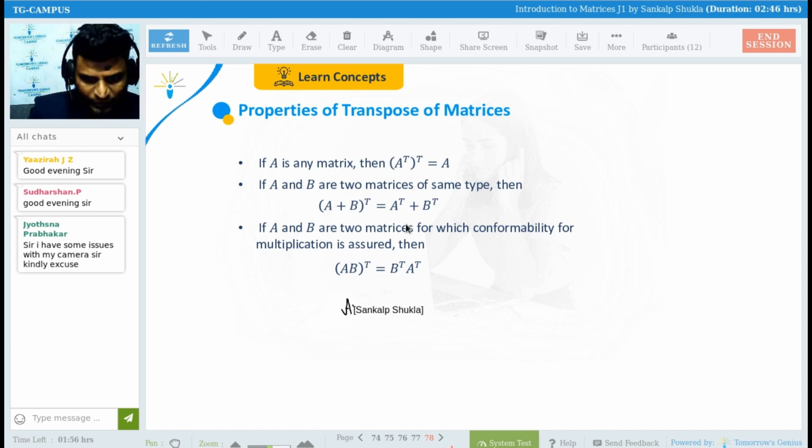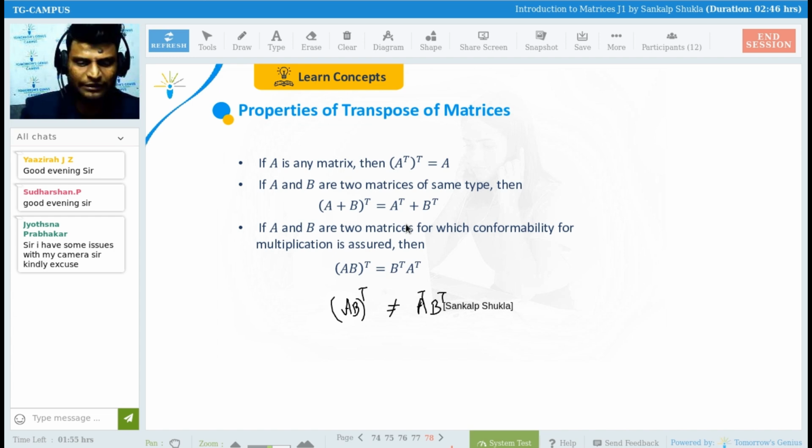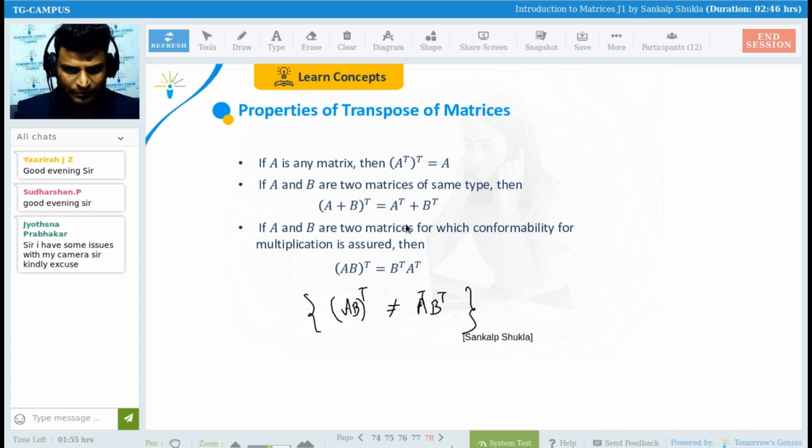Okay, so this will not be equal to this, because commutative property is not there in taking transpose and then multiplying. So you have to learn this because this is a very important property. We'll be using this in questions also. Fine.